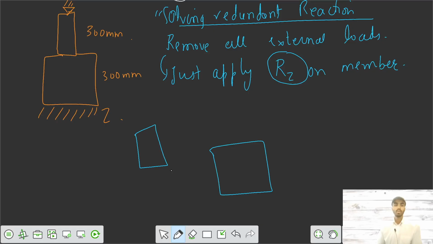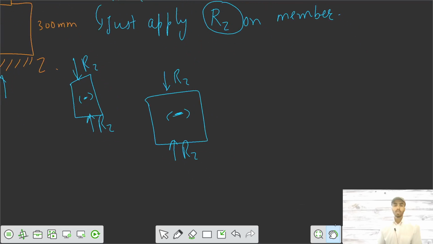In the free body diagram, say the reaction Z is upwards, RZ. So it's compressive because it is preventing this part. For the first part, length was 300 mm.